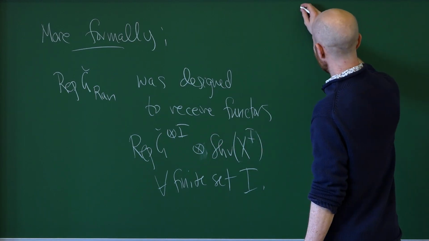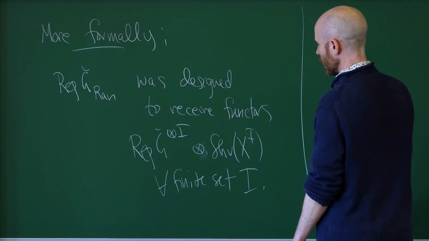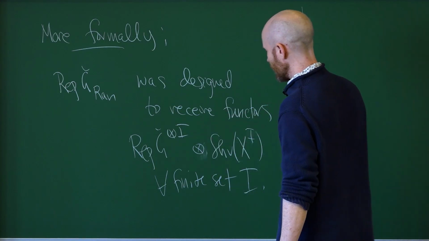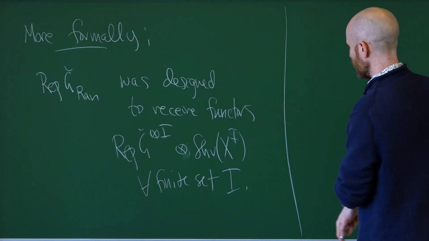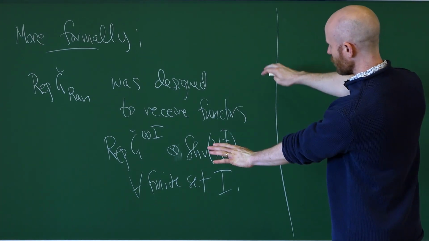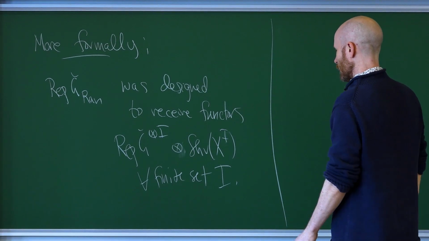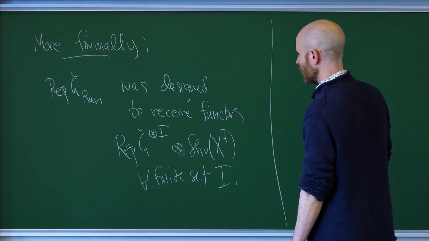These ones are generating. You have to think about the I to J's when you state the compatibilities between the functors, but let me not do that level of rigor in a lecture.